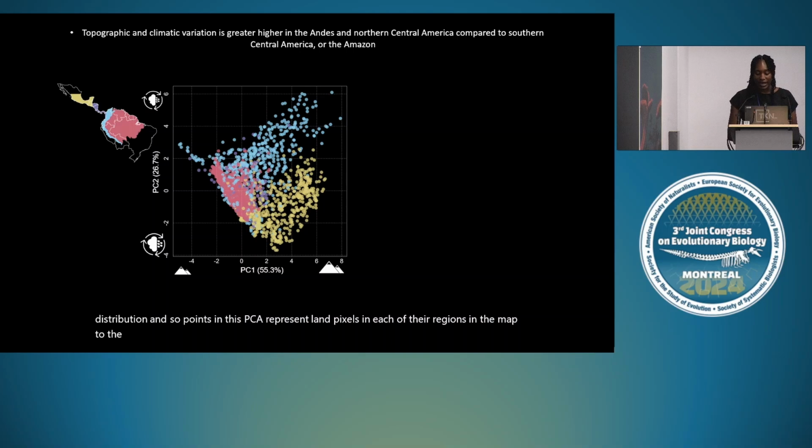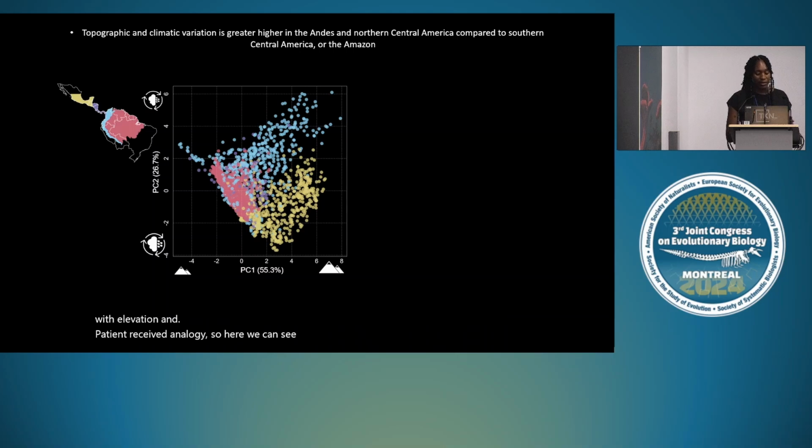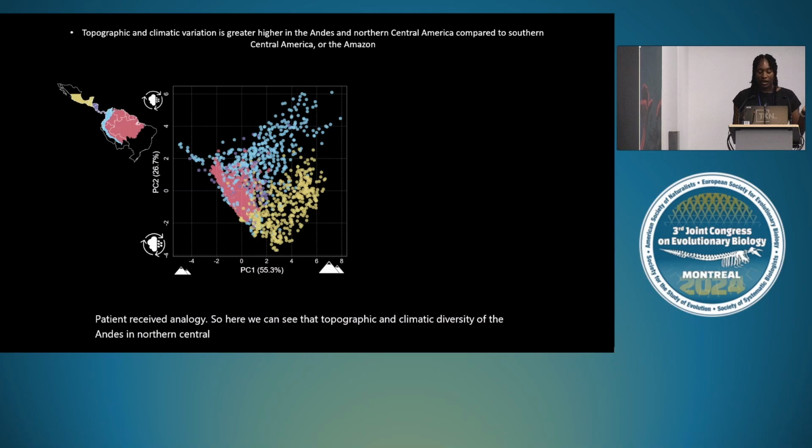The first PC axes explain most of the variability in the environmental data, about 82%, and they were most strongly associated with elevation and precipitation seasonality. So here we can see that the topographic and climatic diversity of the Andes and northern Central America is a lot greater than southern Central America and the Amazon, just based on how much space those regions take up on the PCA.